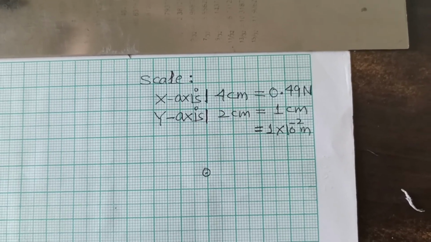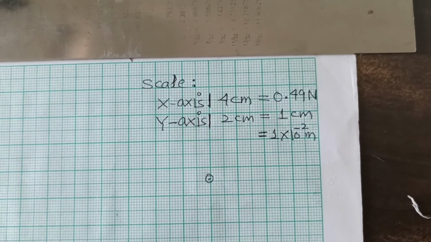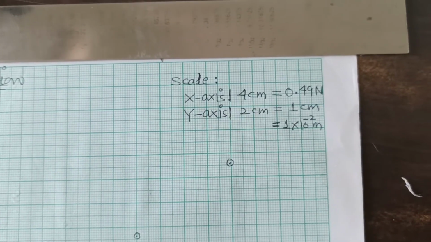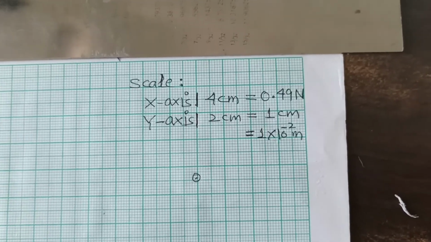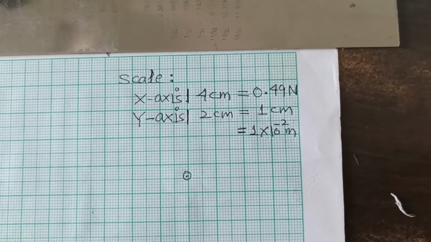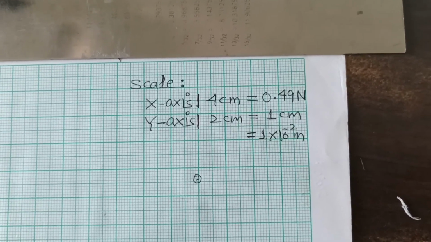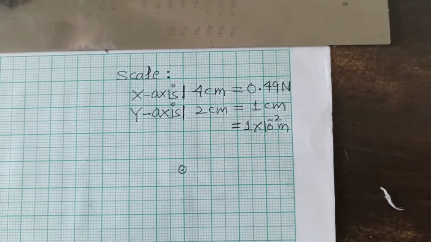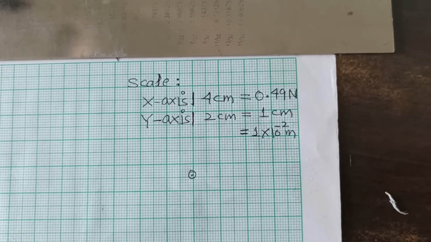Some students write 2 units instead of 2 centimeter, but the unit of this graph is in centimeters, so you should write 2 centimeter instead of 2 units. So here 2 centimeter is equal to 1 centimeter. On a graph it is possible that 1 kilometer is taken as 1 centimeter. There is no issue. Mathematically it may not be true, but in physics and in graphs there is no issue.